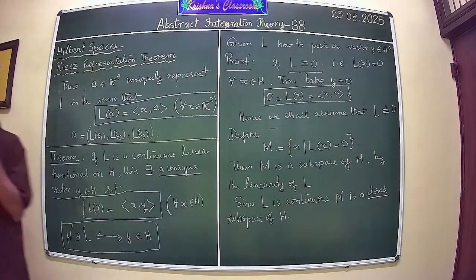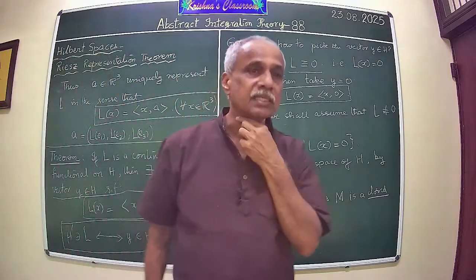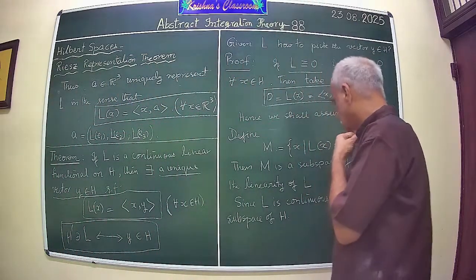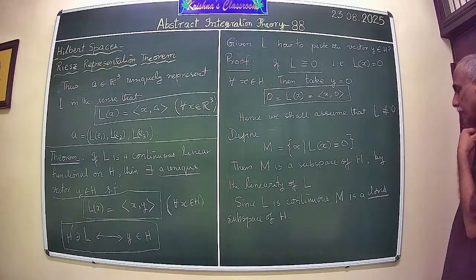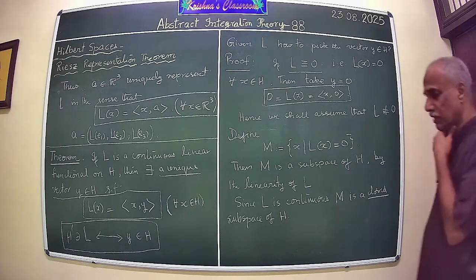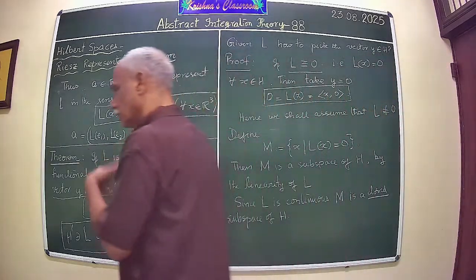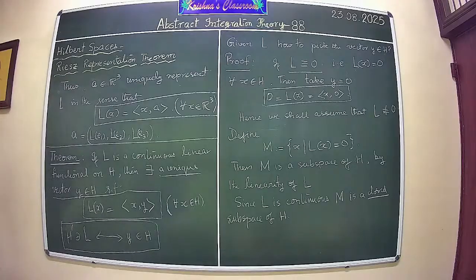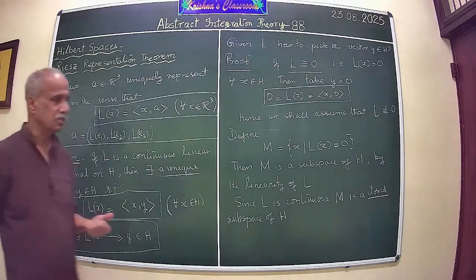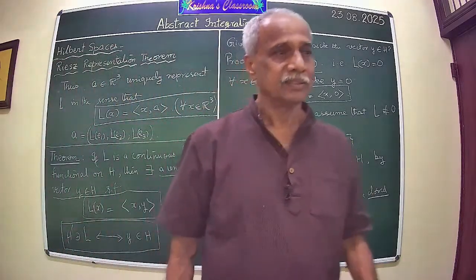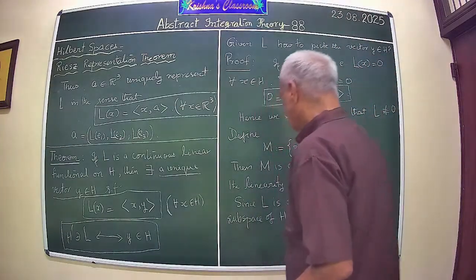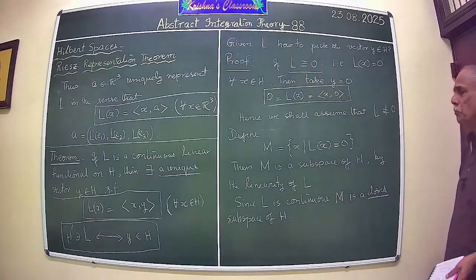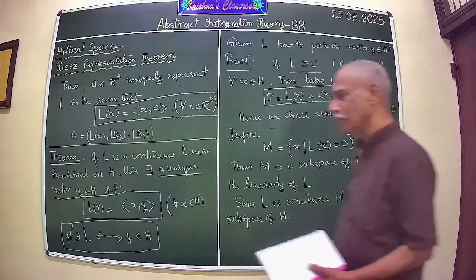What you have to prove is that you take a sequence xn in M, xn belonging to M, and if xn converges to x in H, because if xn is a convergent sequence, it certainly converges to some vector in H. Okay, so you prove that L of that vector is equal to 0.